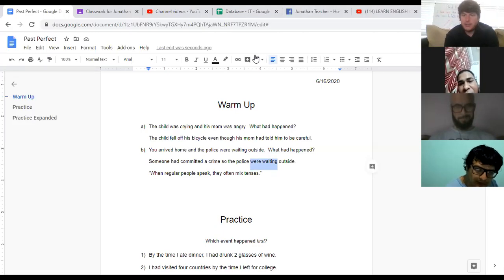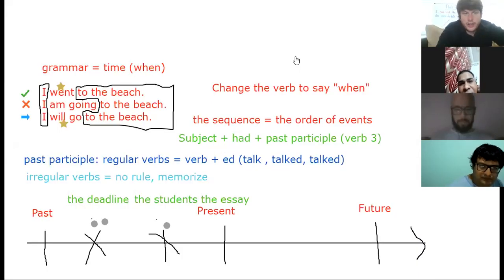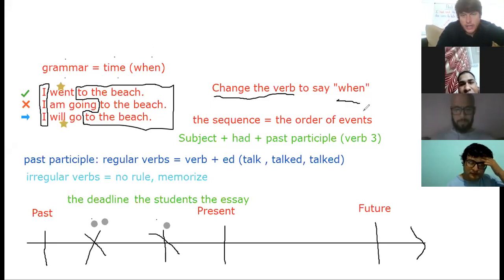Can I get maybe finished? It's very important in conclusion to understand grammar is time, and in English you need to change the verb to say when something happened, right? So that's why we use the past perfect, to signal or to demonstrate the sequence or the order of events.